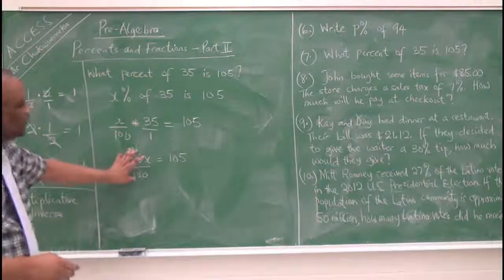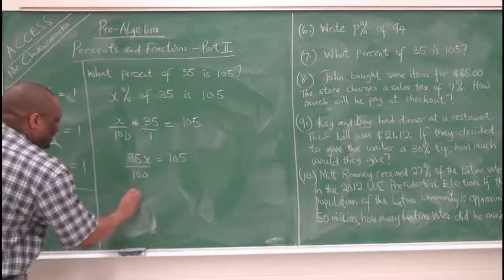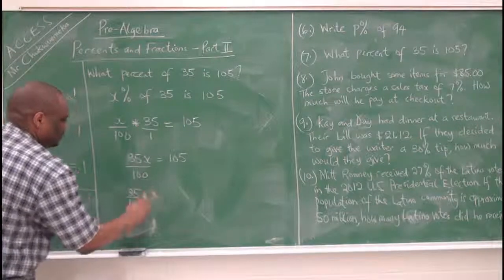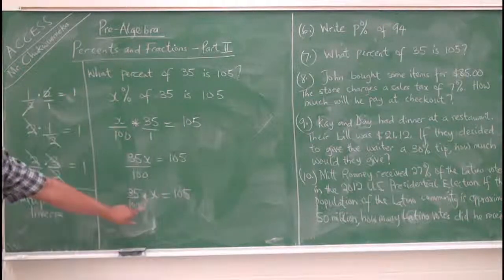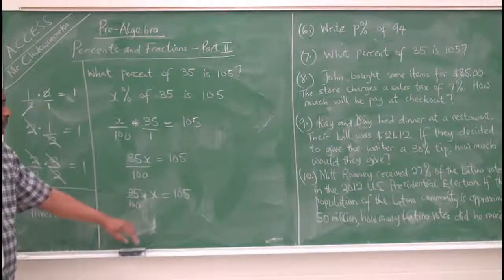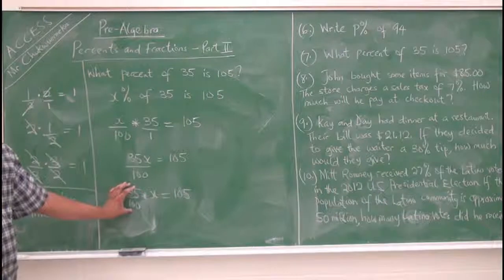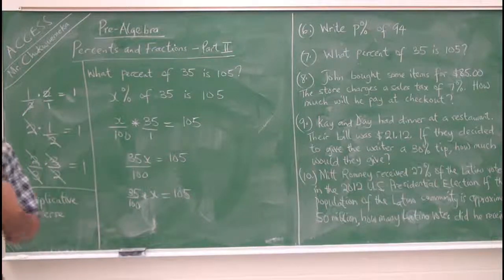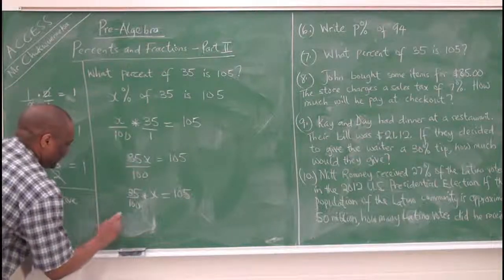So we want to isolate x, but we have 35 over 100 times x equal to 105. How do we isolate x from here? We have to multiply by the multiplicative inverse. What is the multiplicative inverse of 35 over 100? It will be 100 over 35.